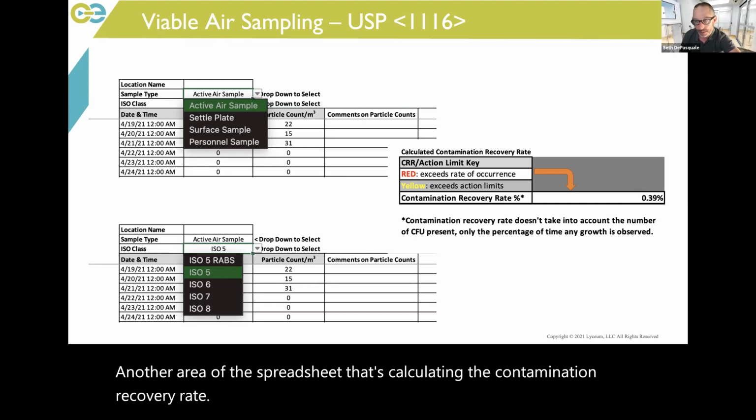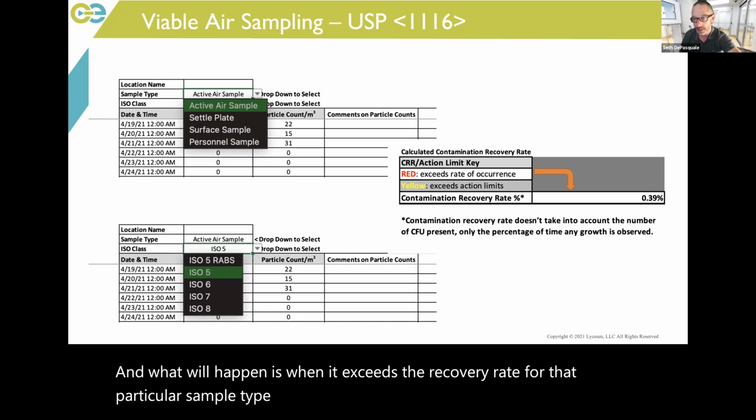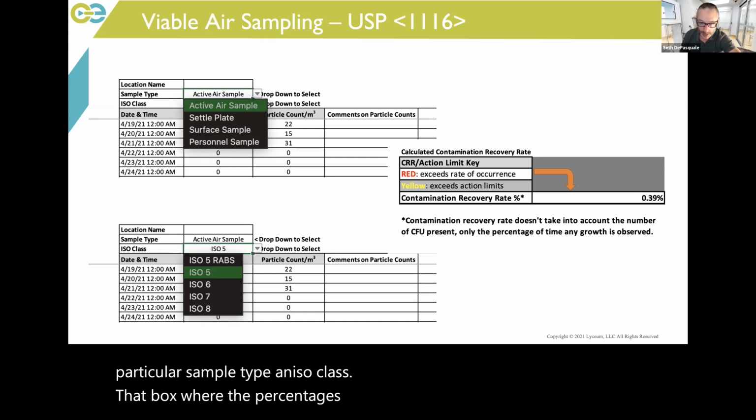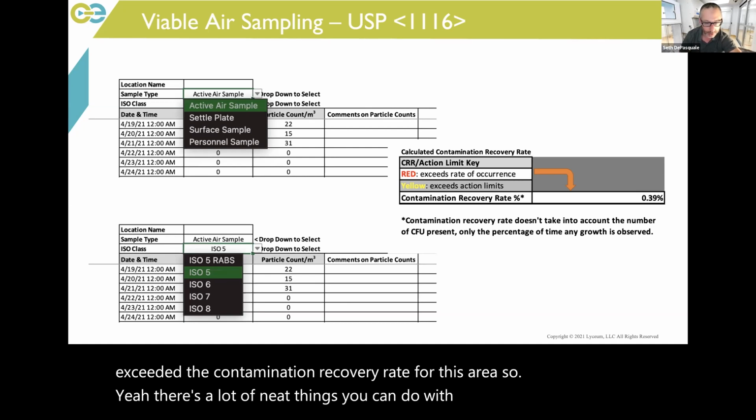When it exceeds the recovery rate for that particular sample type and ISO class, the box where the percentage is turns red and says, you have exceeded the contamination recovery rate for this area. So there's a lot of neat things you can do with Excel.